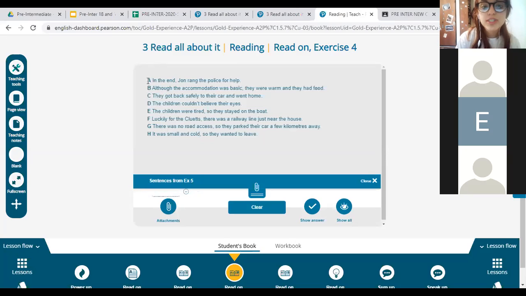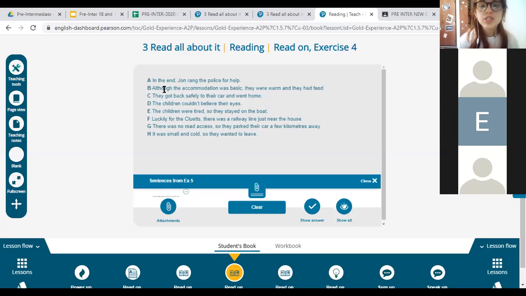So the first sentence, A, is in the end, John, we don't know who John is yet, rang the police for help. B, although the accommodation was basic, they were warm and they had food. C, they got back safely to their car and went home. D, the children couldn't believe their eyes.